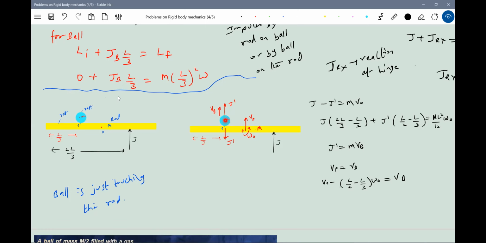Sir, why don't you treat this as one system? Why all this, sir? I'll treat this as one system, and the rod plus ball will rotate about the center of mass. Will you justify this? Anybody?